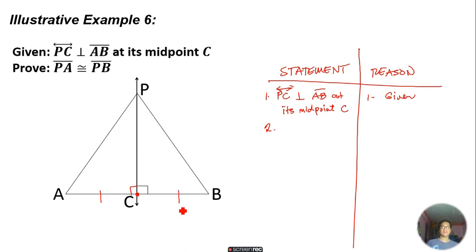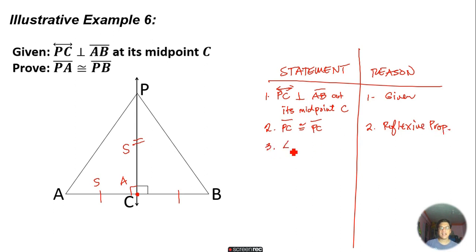Next, I can see sides that are congruent. It follows the SAS. So, PC is congruent to PC by reflexive property.